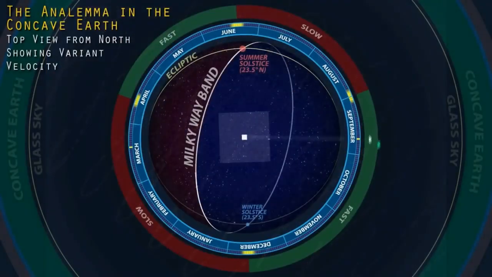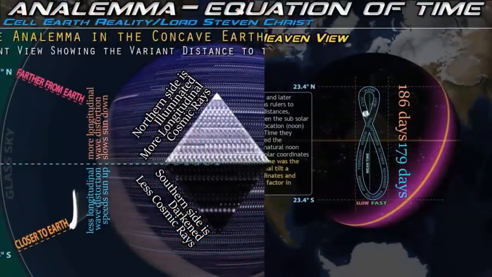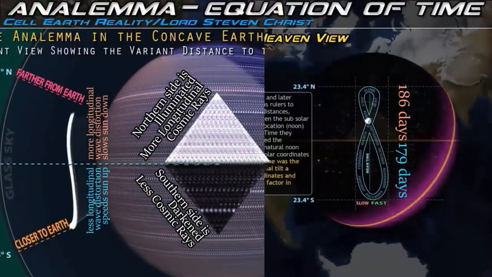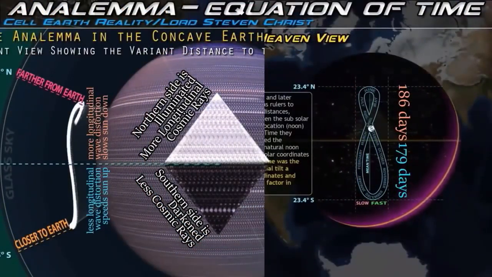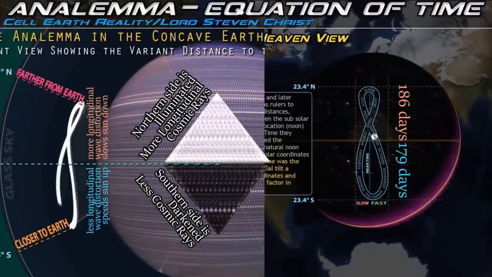Right here is the Milky Way band. And so when the back part of the sun crosses that, and the interference from the cosmic rays entangle with the collimated light hitting the back of the sun, it actually slows it down. So that's what we're getting.